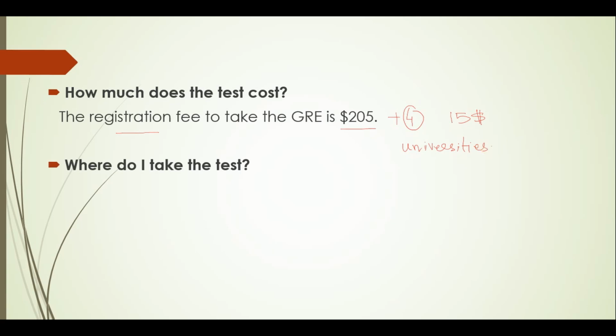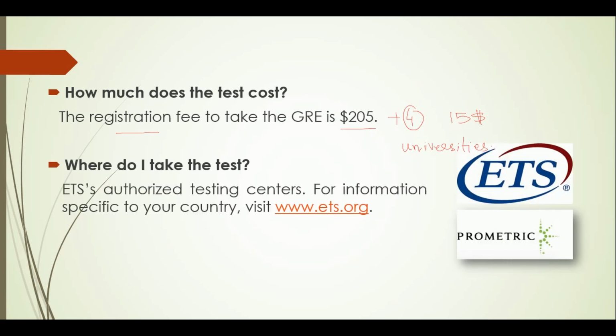Where do you take the test? Let's talk about these two organizations. One is the ETS, which is the organization that actually makes the test. So GRE is a test that is made by ETS. There's another organization by the name of Prometric.